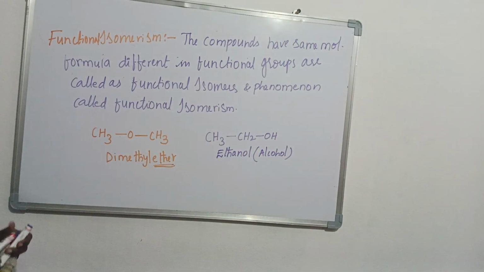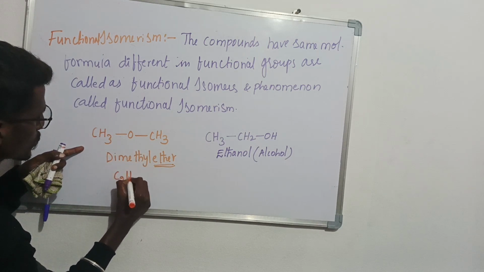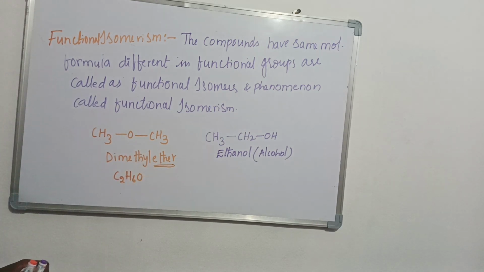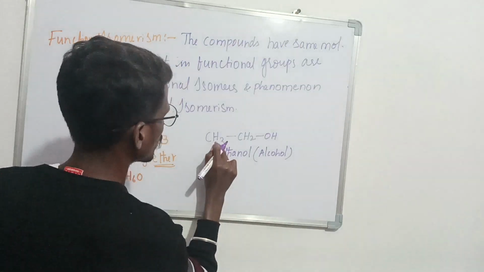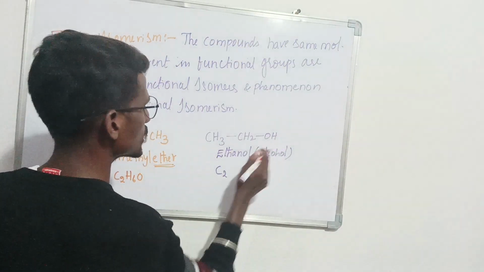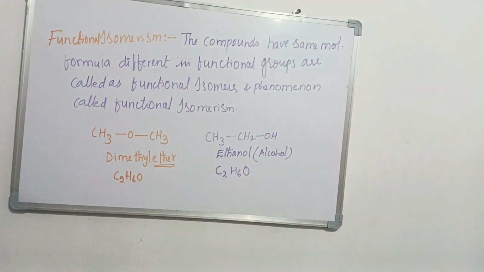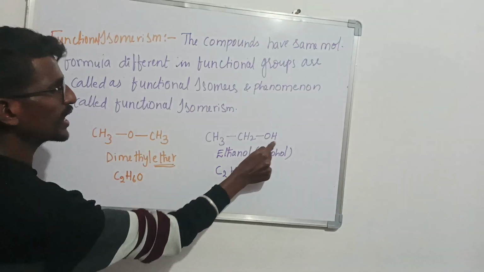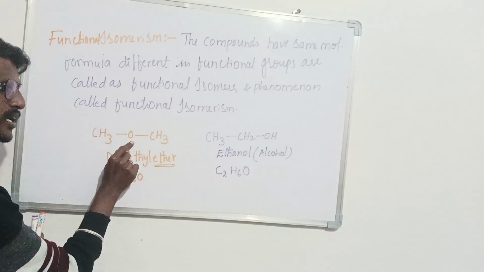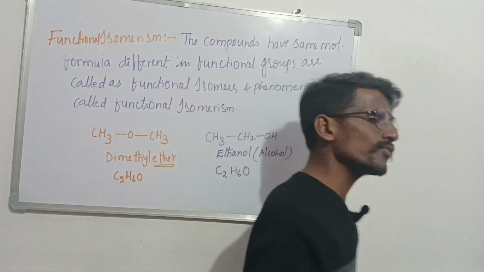So what is the molecular formula? C2H6O. C2, 3 plus 2 is 5, plus 1 is 6, so C2H6O. Both have the same molecular formula but differ in functional group, one an ether functional group and the other an alcohol functional group.